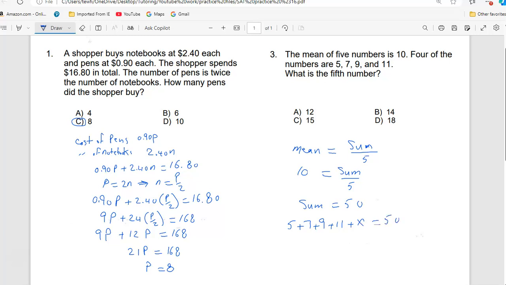If you add them, 5 and 7 is 12, 9 and 11 is 20, so that's 32. Let me make sure I don't make any mistake.